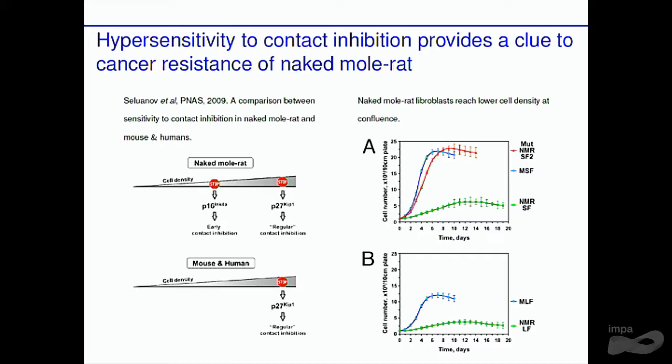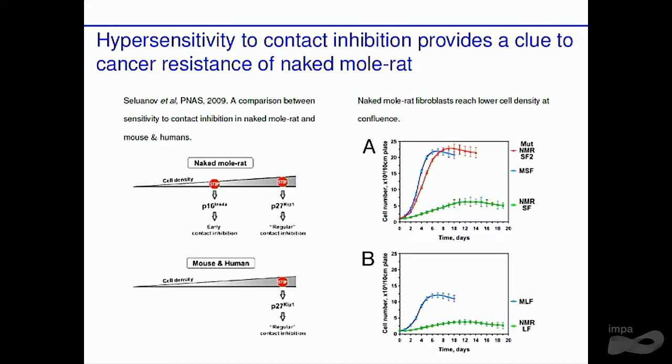They just took cells from those naked mole rats, put them into a dish, and let them grow. And then they took fibroblasts. And they kept watching how big the cell population would become within those wells.